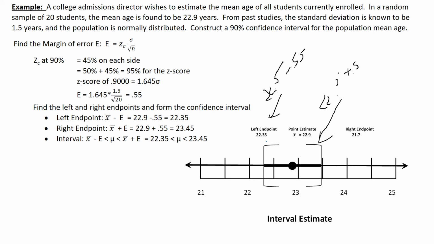So our population mean is going to fall between my sample mean minus the error I found and my sample mean plus the error I found, which means it falls between 22.35 and 23.45. The mu is the population mean. We don't know what it is, but it's between those two numbers.